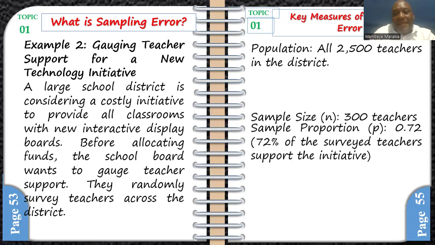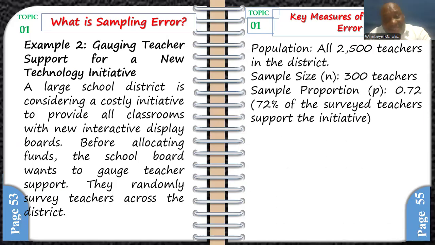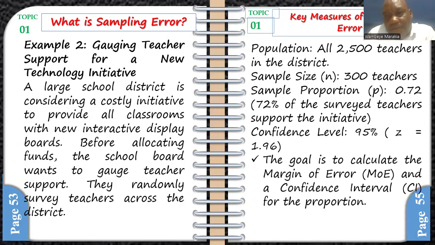Then they survey only 300 teachers, and the sample proportion, P, is 72% of the teachers surveyed supporting the initiative. That means 28% of the teachers did not support the initiative.